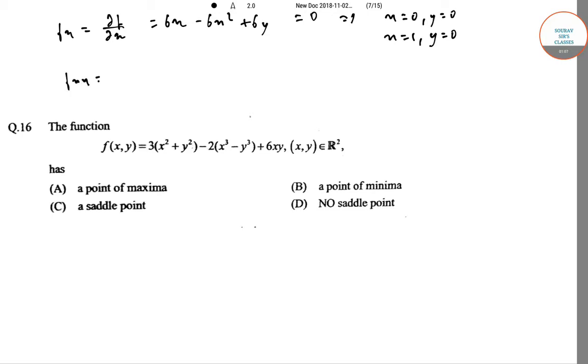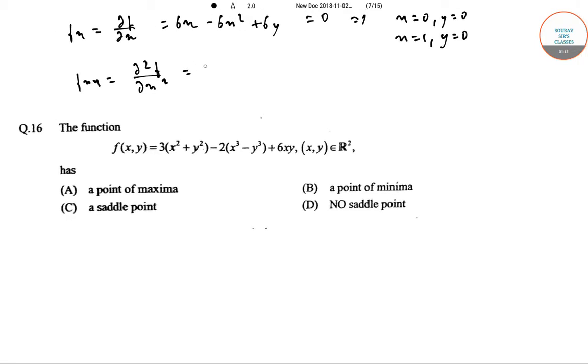And fxx, that is del 2f del x2, is equal to 6 minus 12x. And fy, that is del f del y, is equal to 6y plus 6y squared plus 6x.